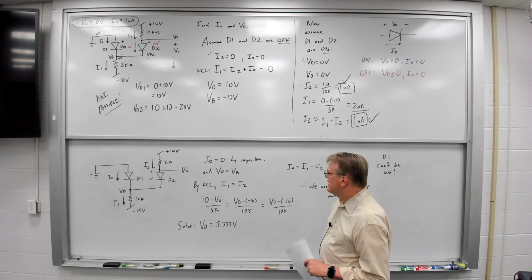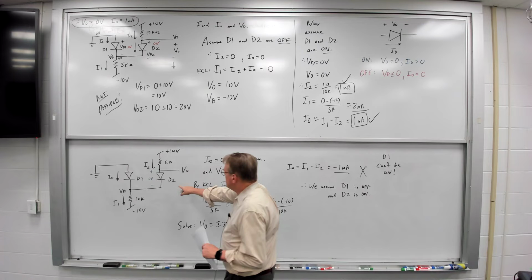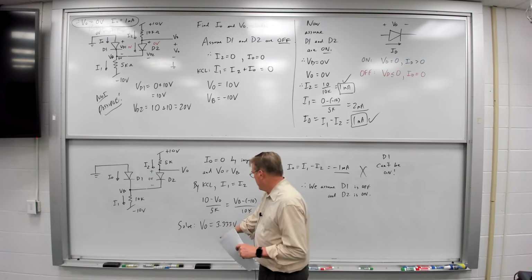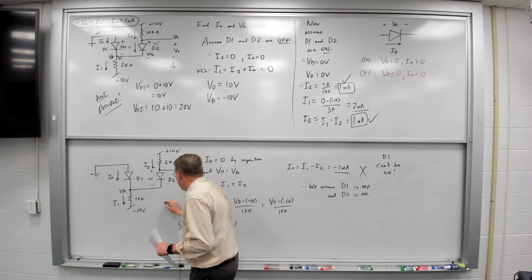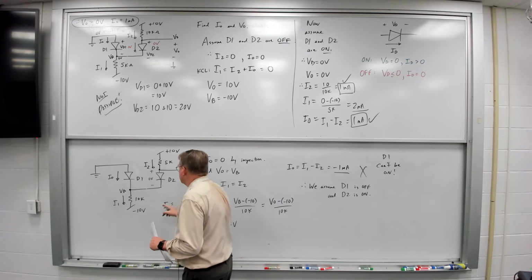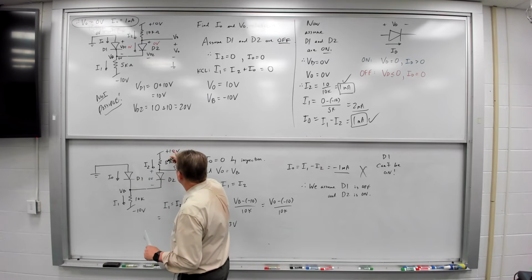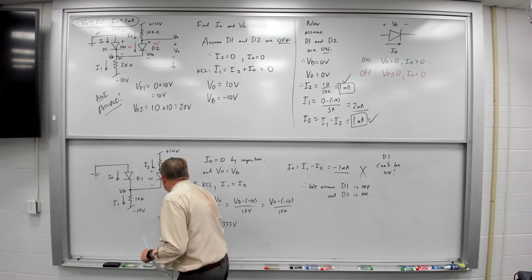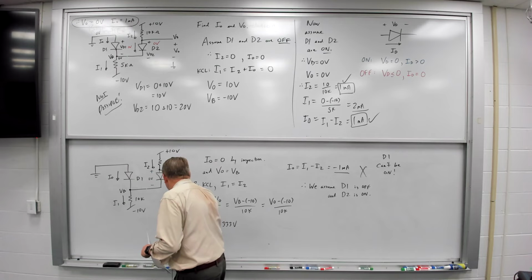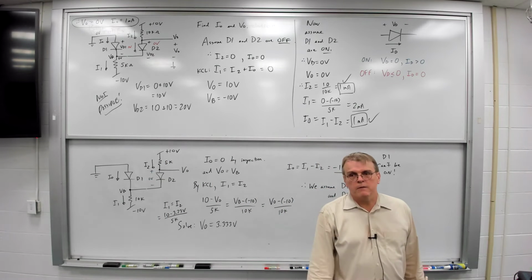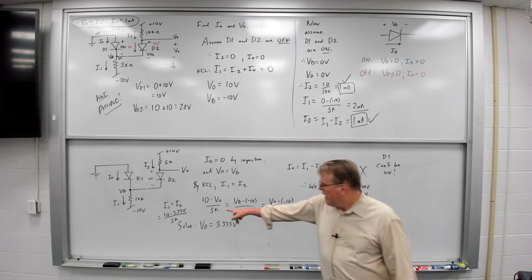Okay. So I know D2 is on. So in this case, I know that I1 is equal to I2, which is equal to 10 minus 3.33 volts divided by 5K. So 6.67 volts divided by 5K.